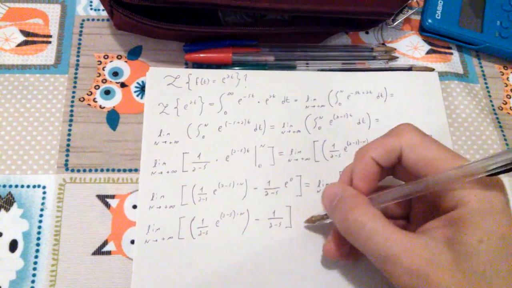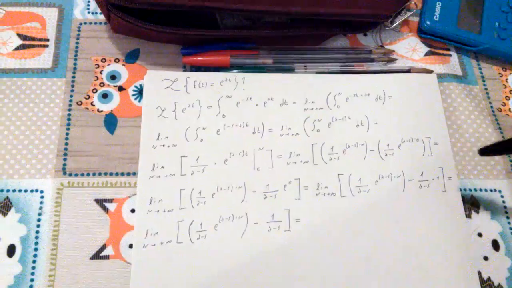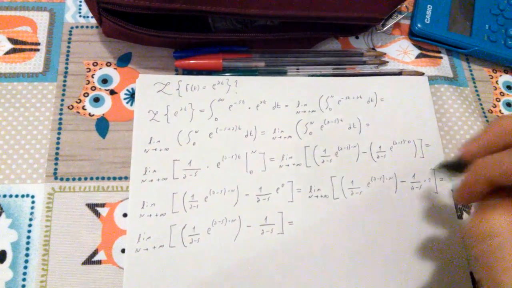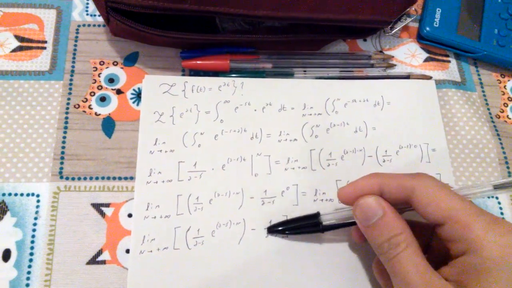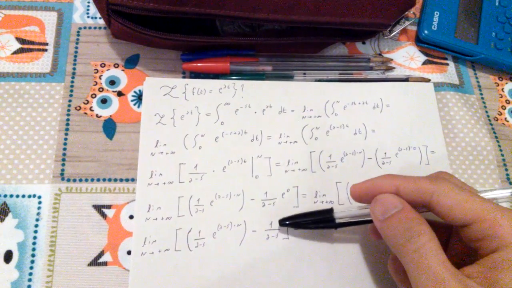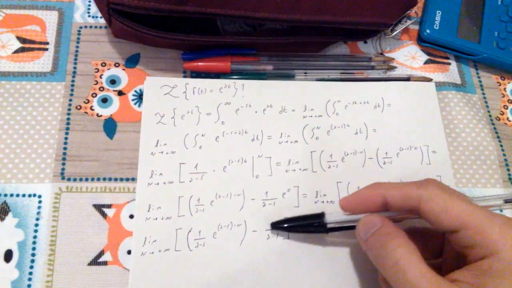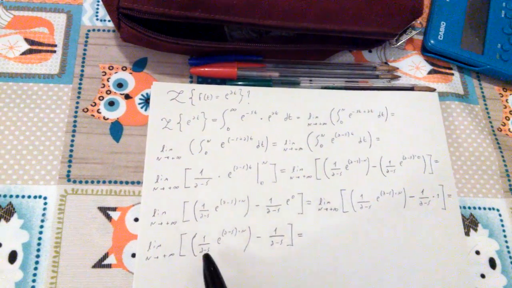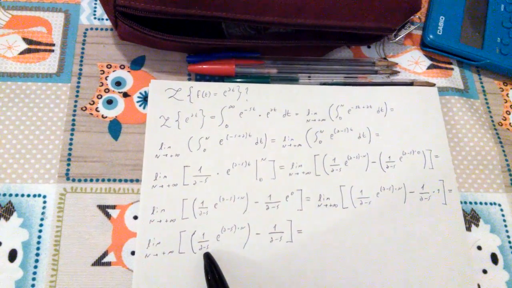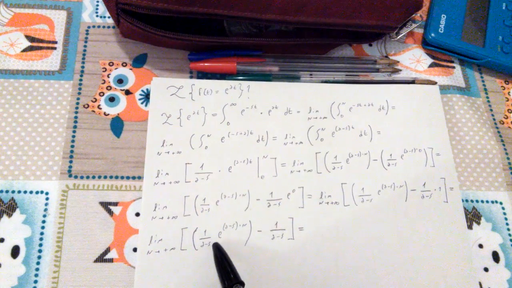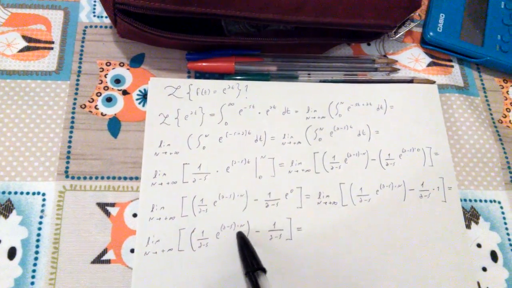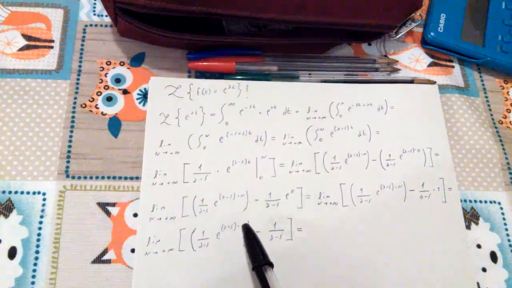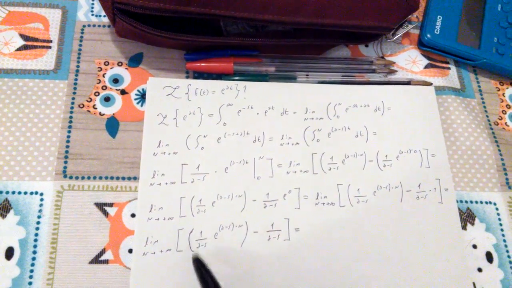There we go. Now, what do we do now? Well, this thing here is fine because it doesn't have any term with n inside, and this one in front is fine as well because it multiplies this term, which does actually have n, but this one doesn't.